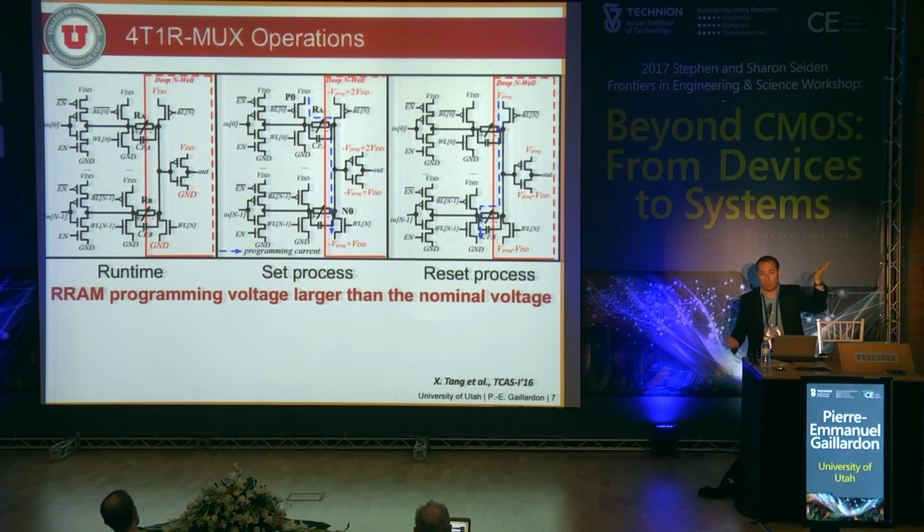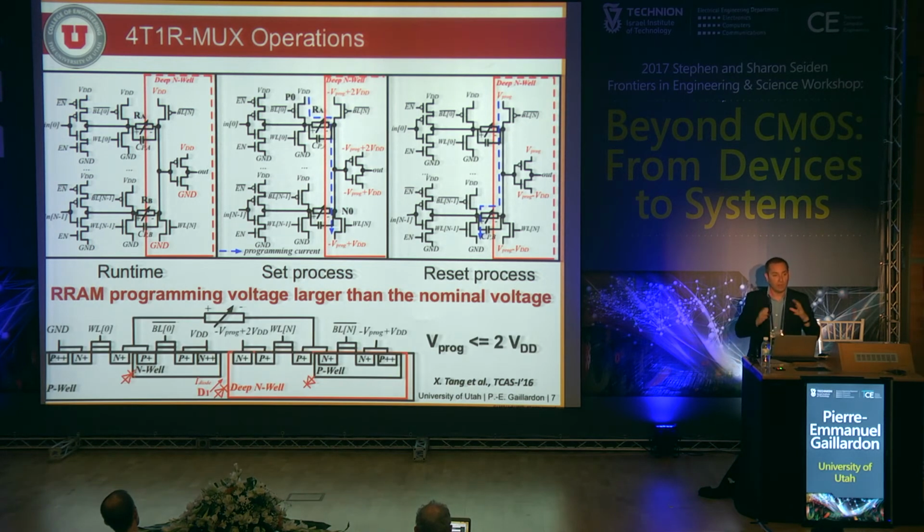And again, we'll be in the same condition, this time for reset, but without risking any destruction. And that was discussed in our recent TCAS-I paper, where we also really studied all the implications for implementing that on bulk or FinFET or whatever, in particular with all the latch-up diodes and so on and so forth. So you basically do get still a limit: Vprog should be lower or equal than 2 times VDD, but still you can locally boost your programming voltage.